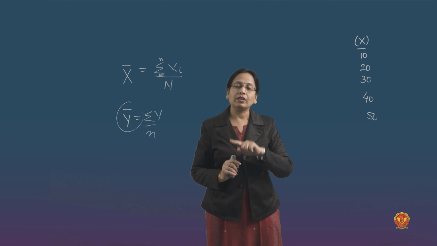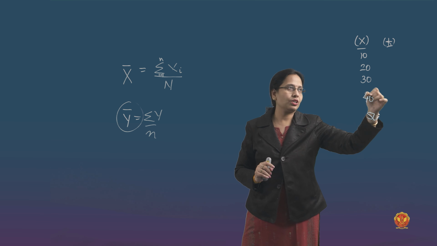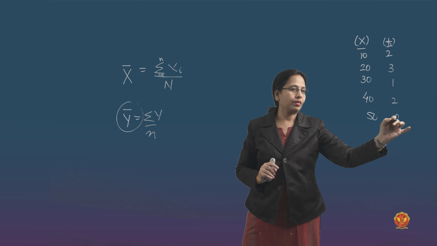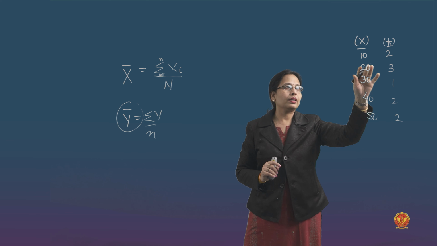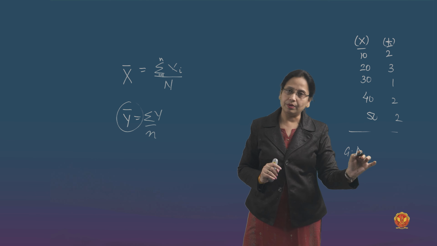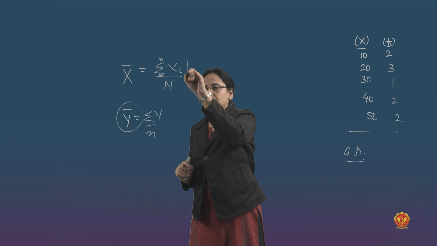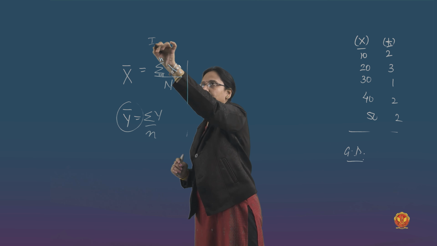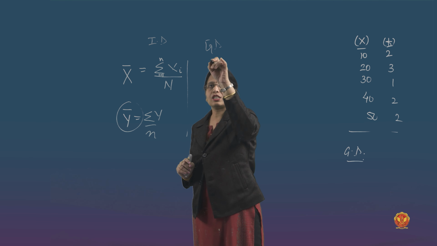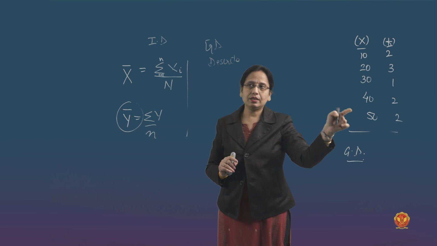In the case of an individual series, we apply the simple formula and find the arithmetic mean. But when grouped data is given, frequency will definitely be there because repetition occurs. Let's say frequencies are given like this. This is called grouped data, and in this type of grouped data we apply a different formula. This is for individual data and this is for grouped data, specifically a discrete series.